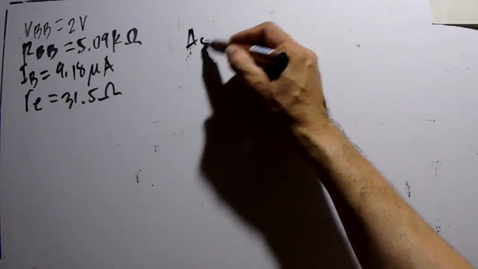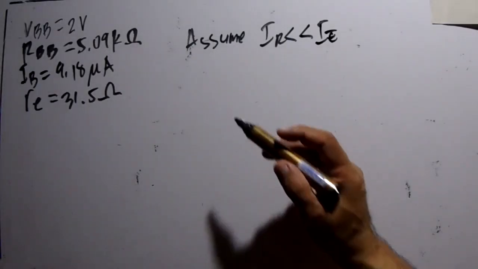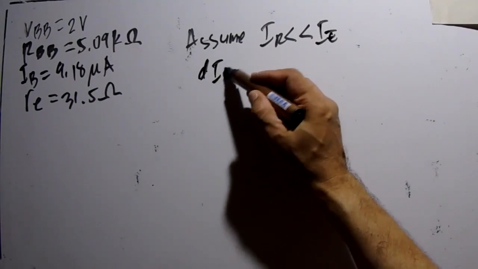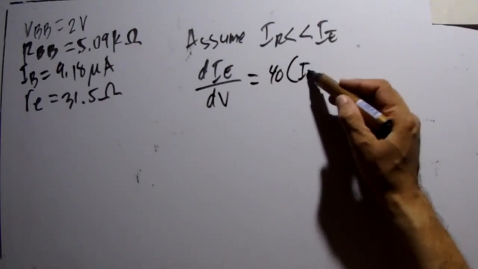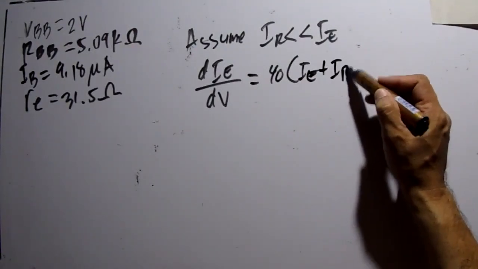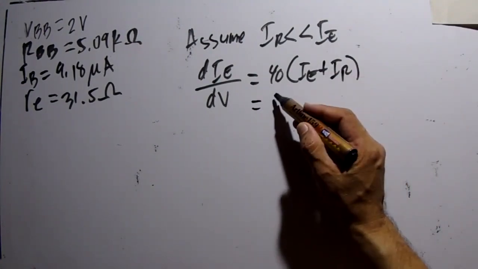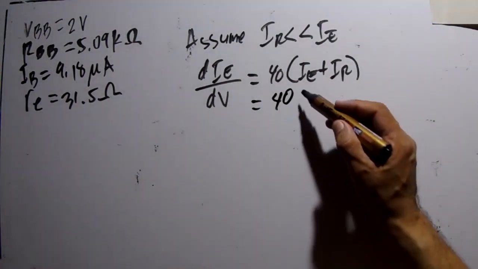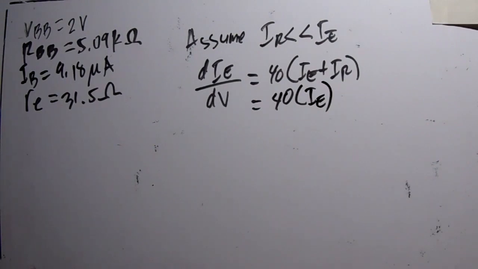And if we assume IR is much smaller than IE, from dIE over dV equal to 40 multiplied by the quantity IE plus IR, since IR is much smaller than IE, we can have 40 multiplied by just IE, approximately equal to 40 IE.